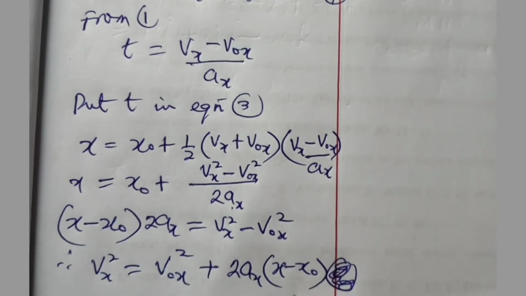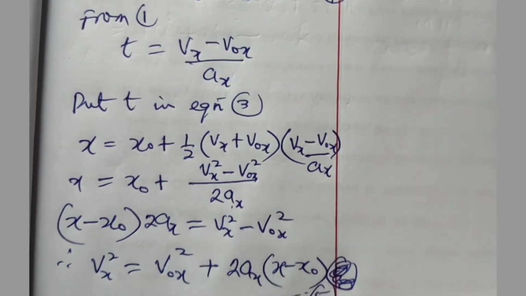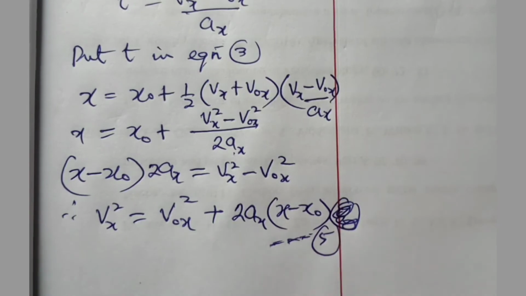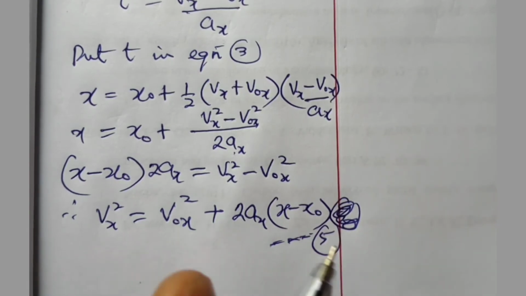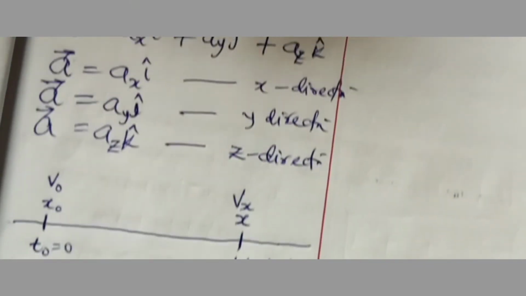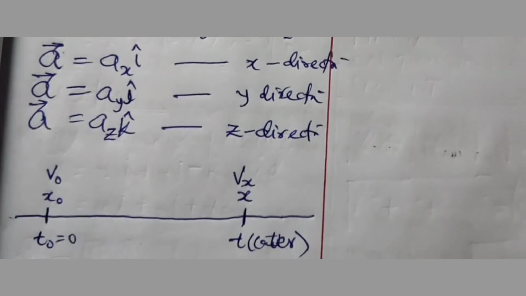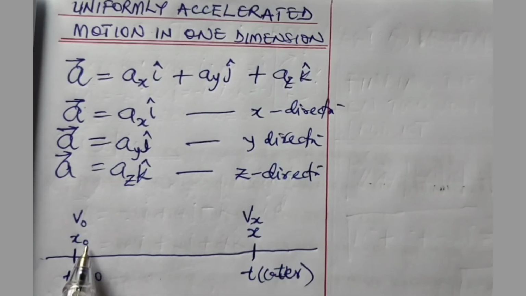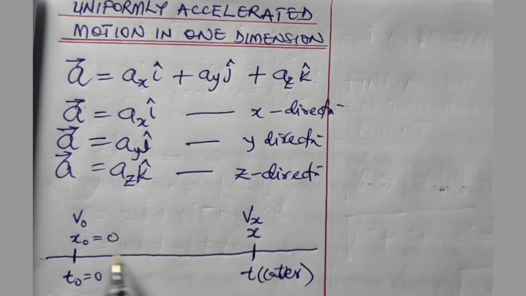Let's call it equation 5. Now if we say that our x0 from the diagram is equal to 0 at t equal to 0, it means that the displacement is just x minus 0, which is x.